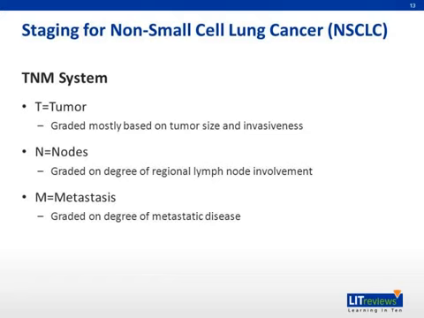What I would remember, though, is in order to get stage 4 cancer, you can have any T, any N, but you have to have M1A or M1B. M1A means that you have a malignant pleural effusion, or malignant pericardial effusion, or pleural nodules, or contralateral nodules in the other hemithorax.